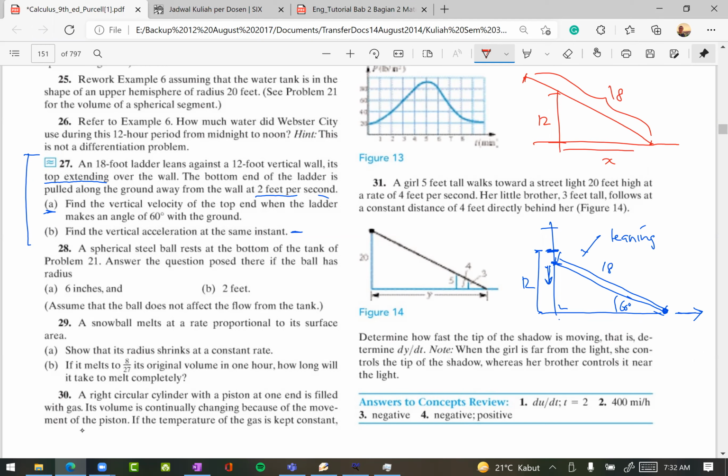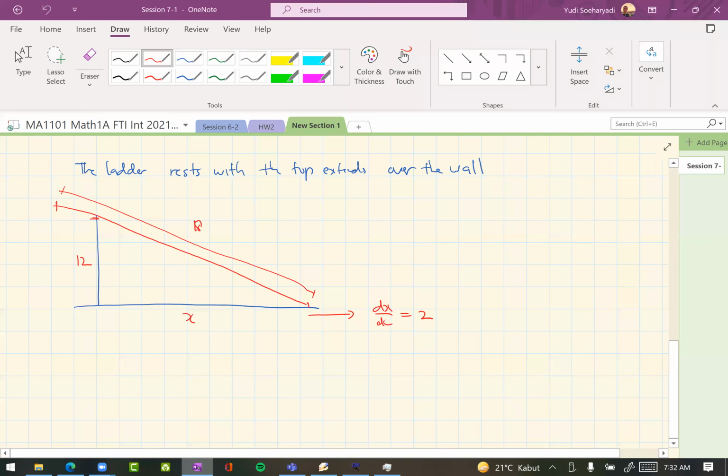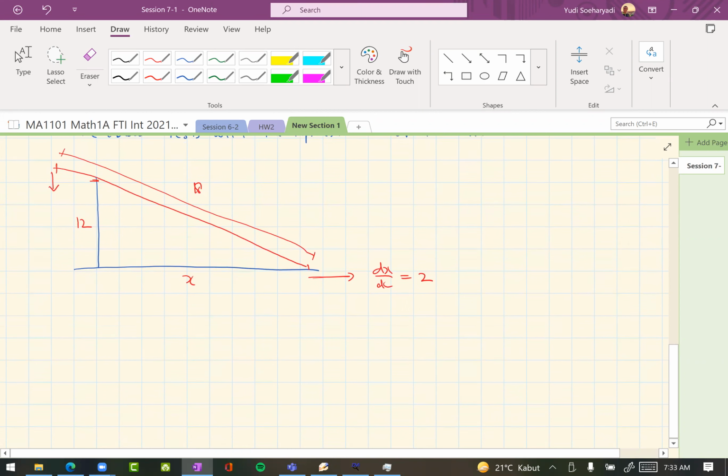Okay, vertical velocity, right? So let's picture. When you pull this to the right, this will be going down like this. So we need to find this speed here.